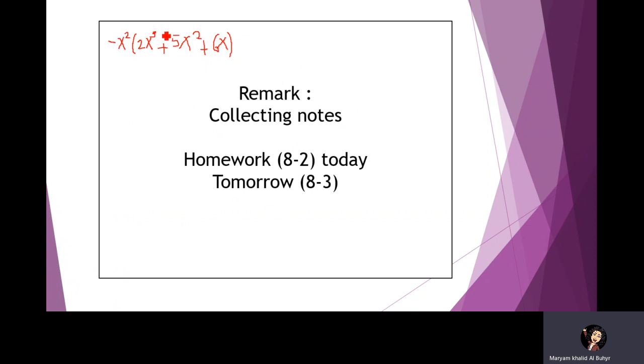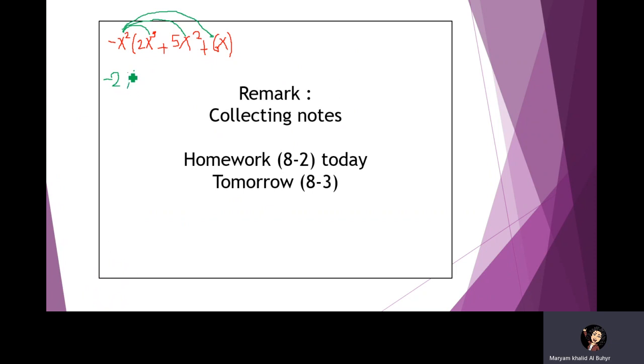So what is the simplified form? If I am asking you what is the simplified form, all your job is to distribute this one over all of them. You multiply this one by this one, this one by this one, this one by this one. So -1 and -2 will be -2.